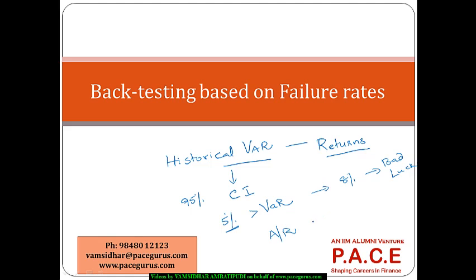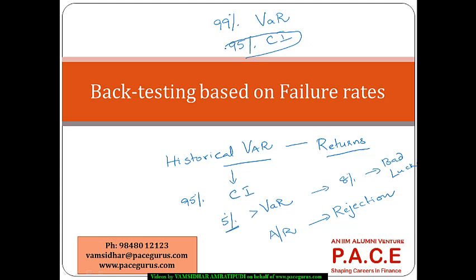At what point do I take a decision regarding rejection of the model? Up to what point do I say that it is purely bad luck? And where should I make a decision that this model needs to be rejected? So there should be some kind of confidence level. So probably I can talk about, okay, for the 99% value at risk, I will talk about the 95% confidence interval.